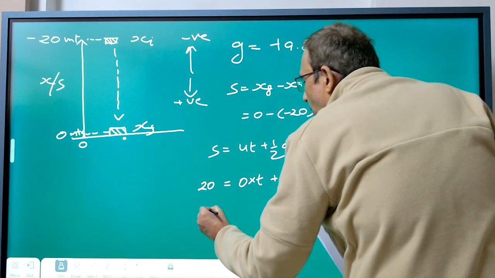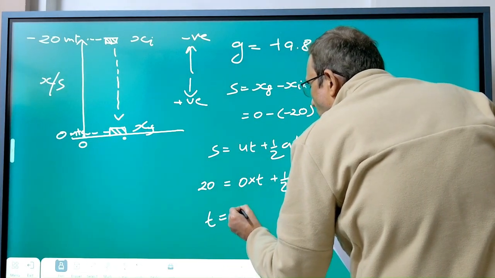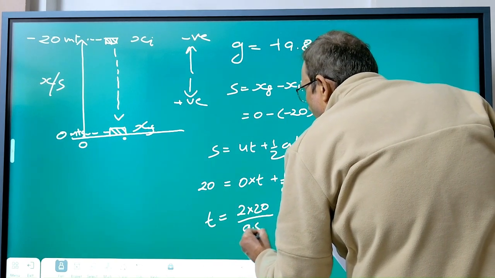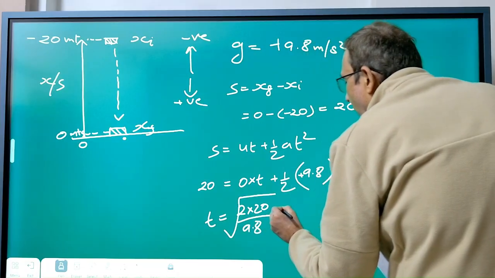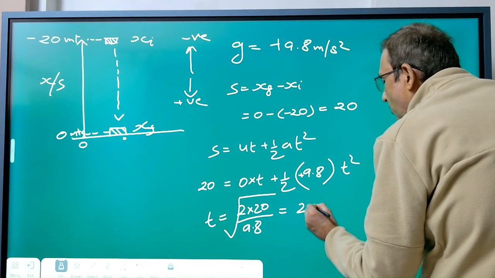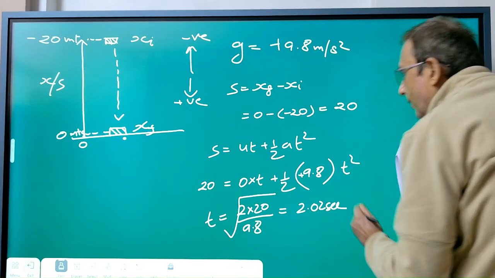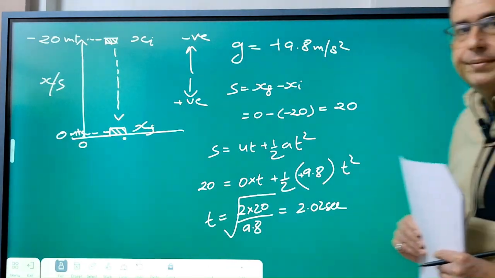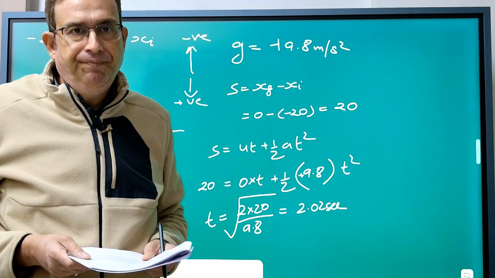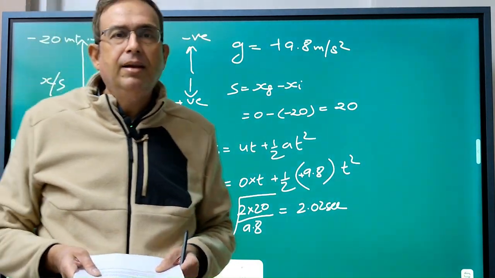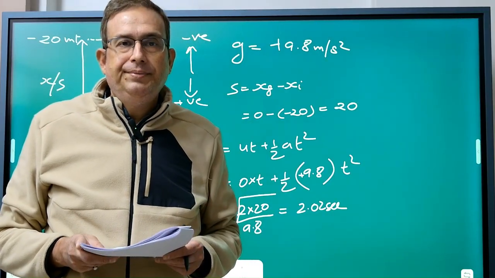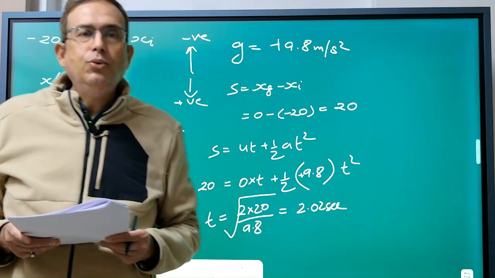So again, when you calculate, your t becomes equal to the square root of 2 into 20 over 9.8, which again is equal to 2.02 seconds. Okay. So you see in both cases, we have the same result. The time is 2.02 seconds.